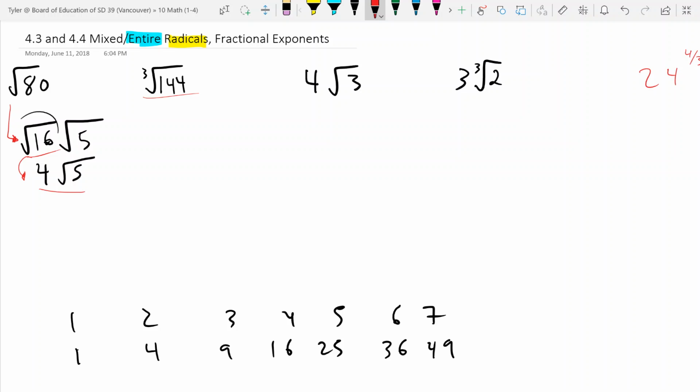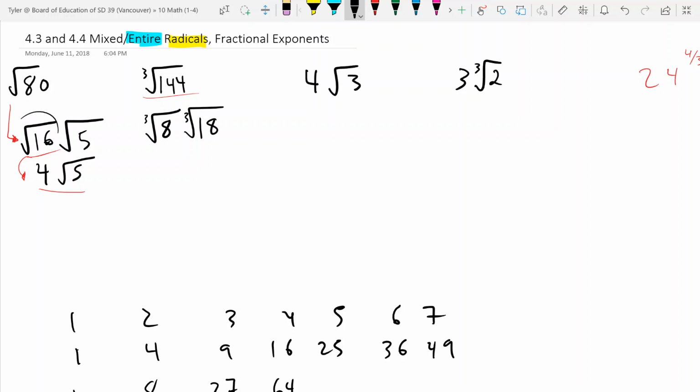We can also do it with a cube root. We just need to think of what is a perfect cube. So I'm going to write out my perfect cubes here so I can see them. I think it's 27. I have to check. No. Okay, the only one that worked for me was 8.